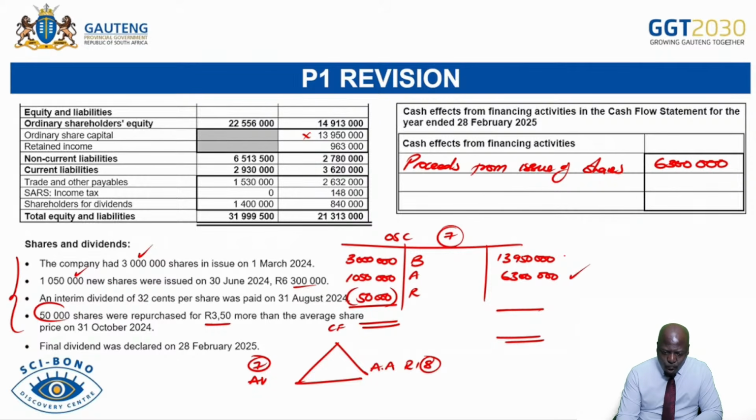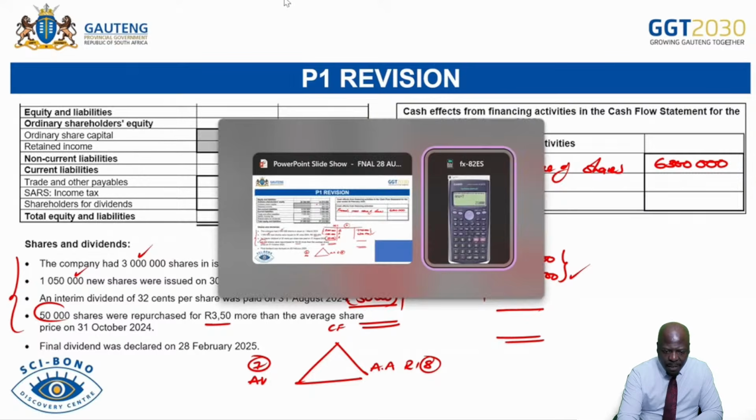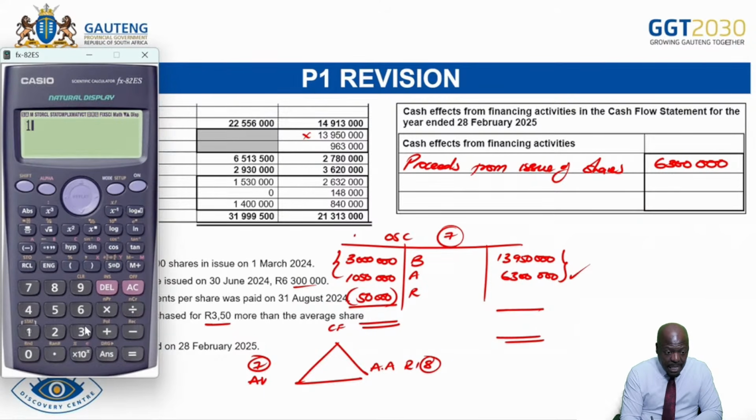Okay. So how do you do that? Here you can simply get your average price because you are given these two. So if you add these two amounts, you add your 13,950,000 and you add your 6.3 million and you divide that by 4,050,000. Let's see if we can do that on the calculator together. 13,950,000.